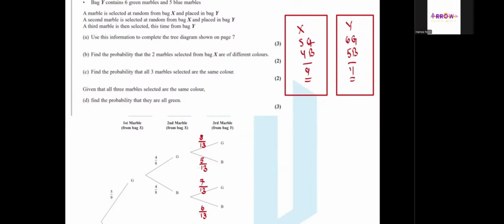When the first two were green, bag Y was containing originally 5 blue marbles, and the two marbles added from bag X are green, so blue is originally 5. Therefore the probability of a blue marble from bag Y is 5 over 13. As simple as that. In the same way, you need to fill the complete tree diagram over here.